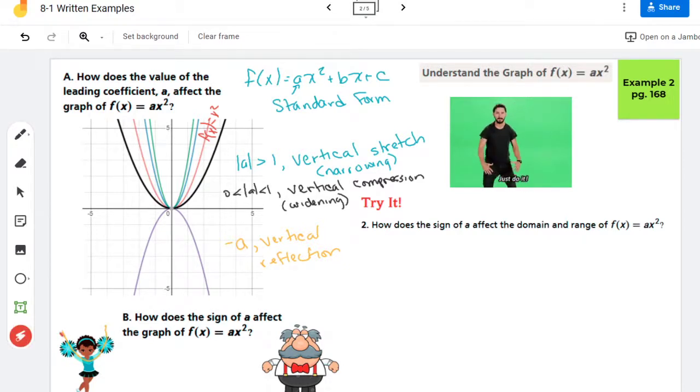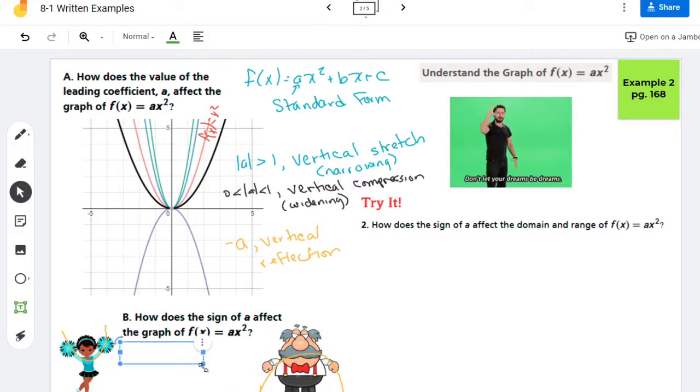Do you see the parabola formed by her arms? So that positive attitude, or that positive A value, is what causes the parabola to open up. But this old man, he's grumpy. Look at him. And sure enough, if I knew how to draw, the parabola formed by his arms opens downwards.